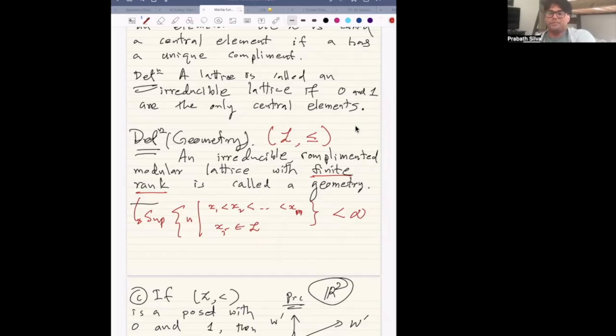And then we'll try to bring a lot of stuff into this. We'll work with the ideals in a ring or an algebra, and show that those things form a geometry too. And then the finite rank condition, we have to throw in like we did in module theory, Noetherian, Artinian conditions, finite chain conditions.